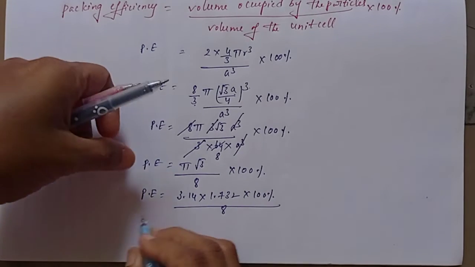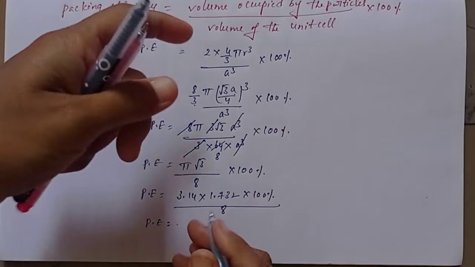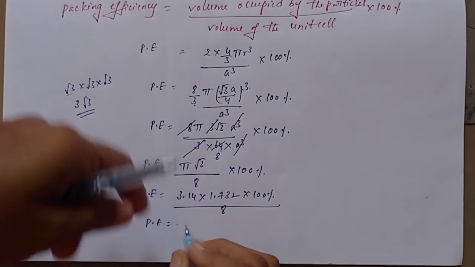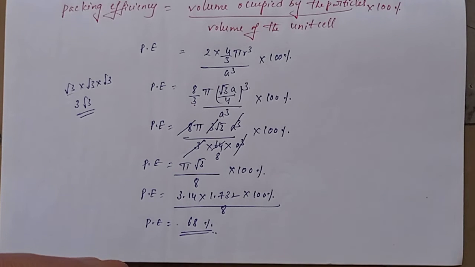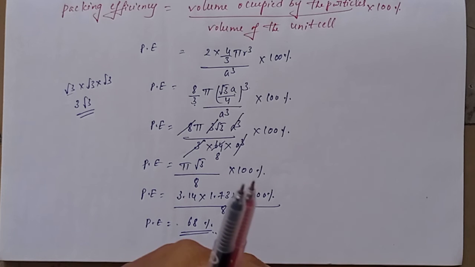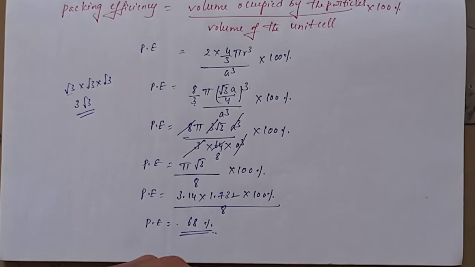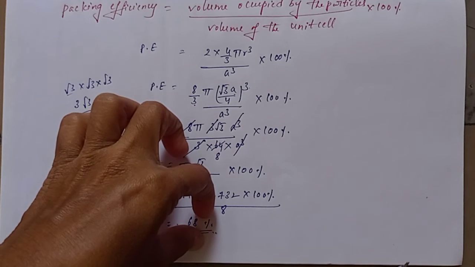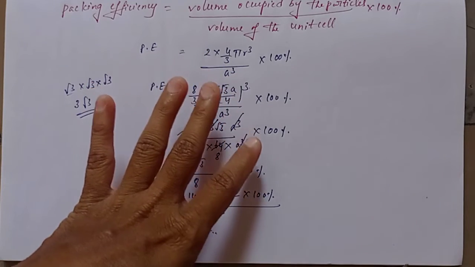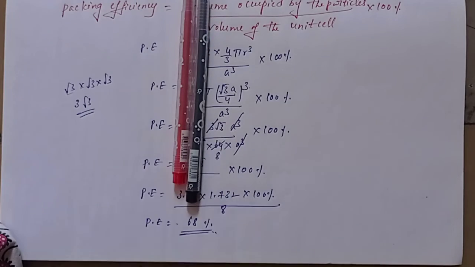If you calculate this, you will get the BCC value: 68%, students. BCC 68%. This is the packing efficiency. That means this much percentage of the space is occupied by the particles in the BCC unit cell. So 68% of the volume is occupied by the particles in BCC.